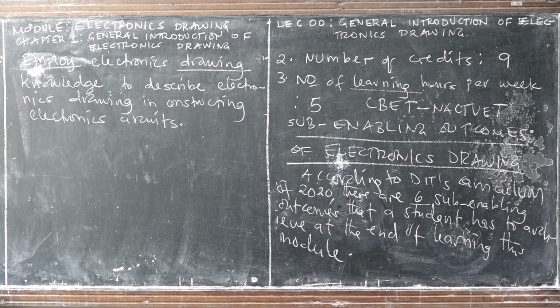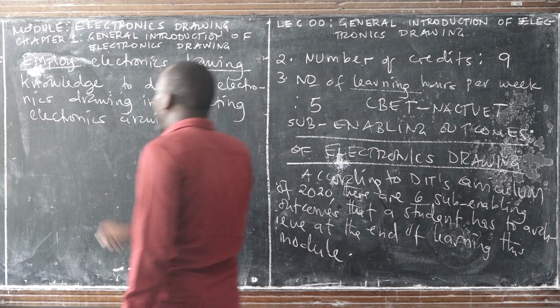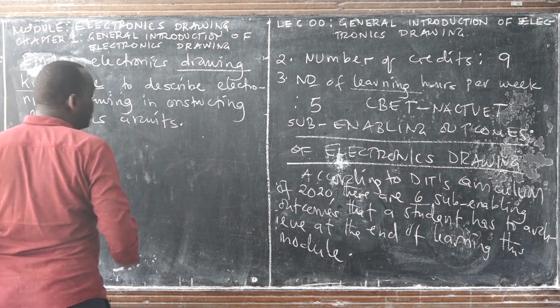Please, you have to make sure that you invigilate your neighbor on your left-hand side and right-hand side, because that's why you chose that good neighbor. Whenever you are learning this module, you have to be able to employ electronics drawing knowledge. Say knowledge.